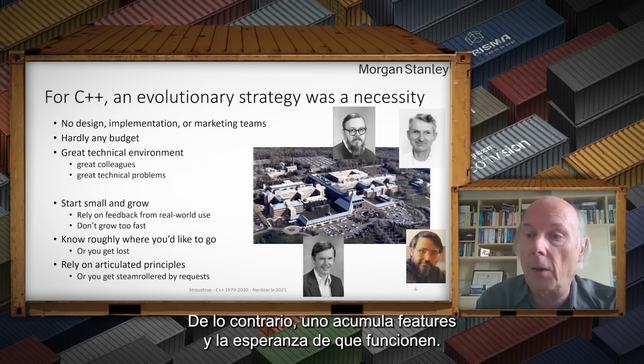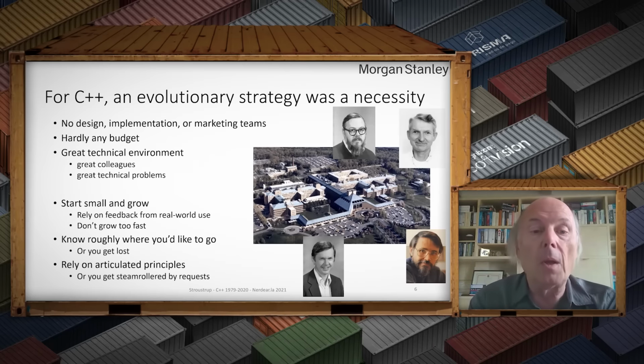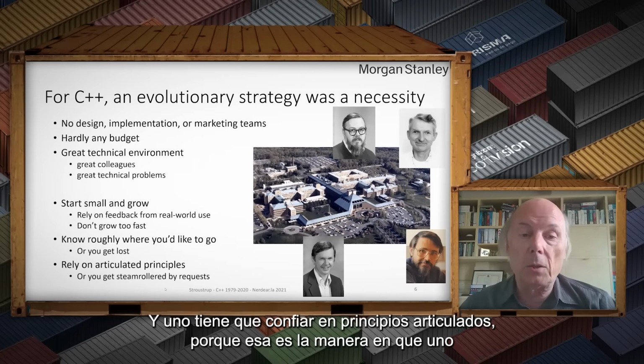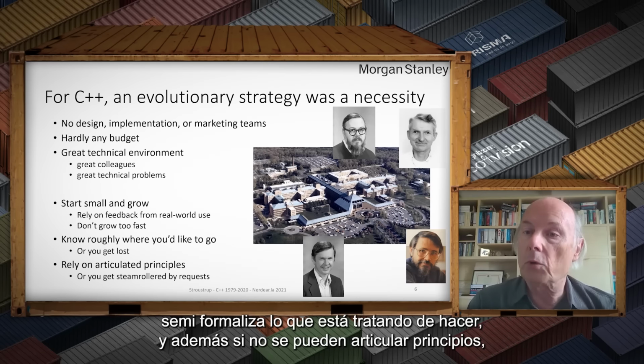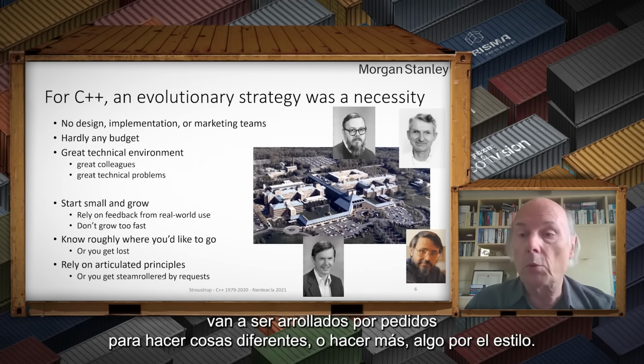Otherwise, you just pile on features and hope it works. That's not a strategy. And you have to rely on articulated principles because that's the way you semi-formalize what you're trying to do. And also, if you can't articulate principles, you get steamrolled by requests for doing things differently or doing more, or something like that.